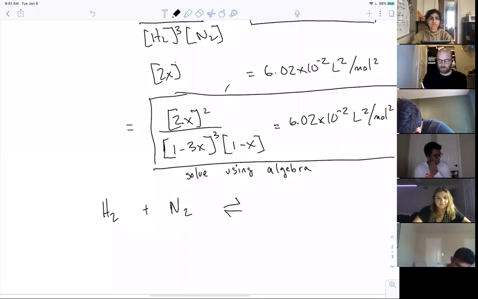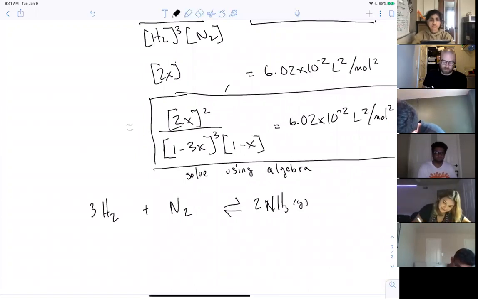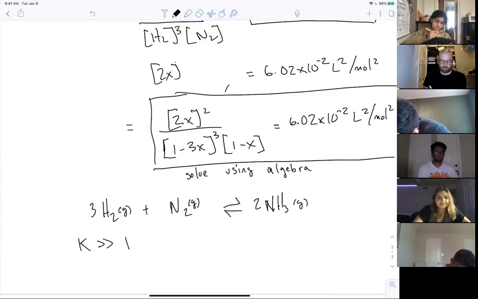So you can see already how these things start to get pretty messy. Okay, so if we're looking at this reaction and we're considering K, for large values of K, when K is much greater than 1, reactions are product favored.